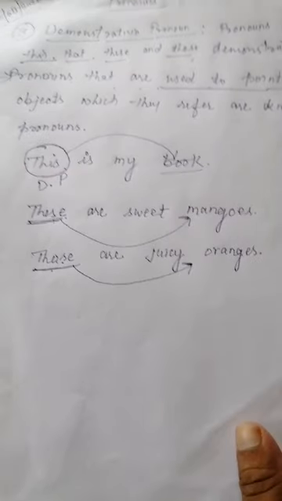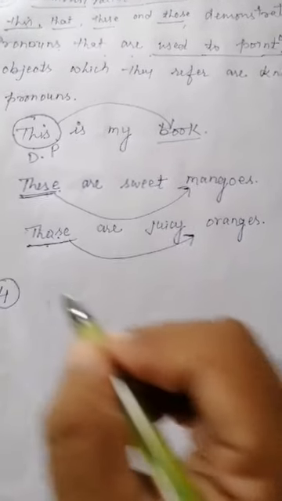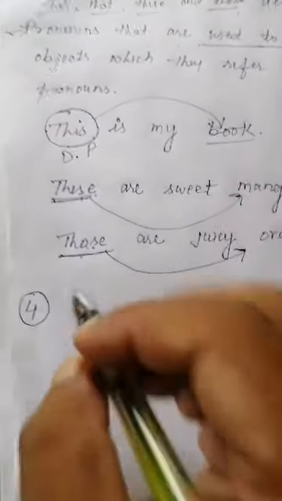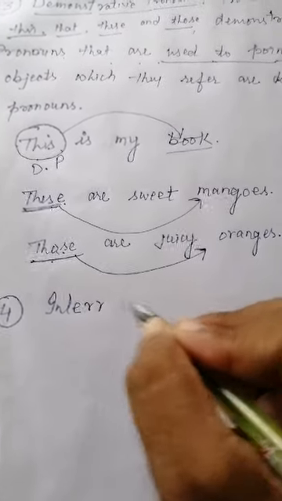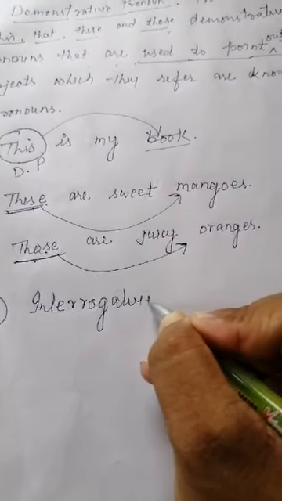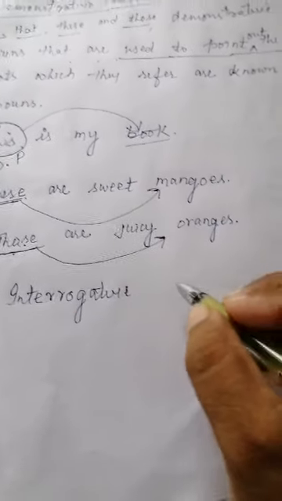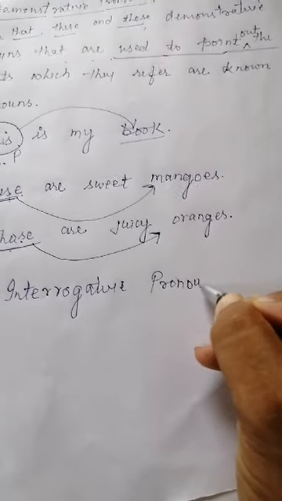So now move on to the next kind, that is number 4, and your next kind is interrogative pronouns. Number 4, fourth kind.